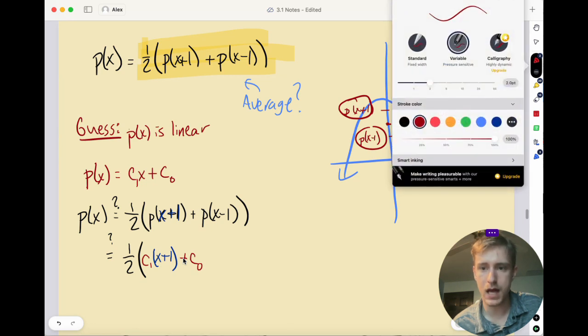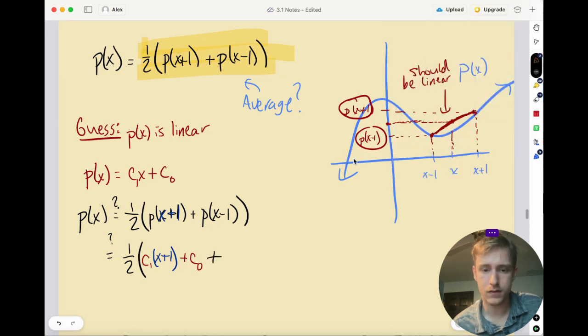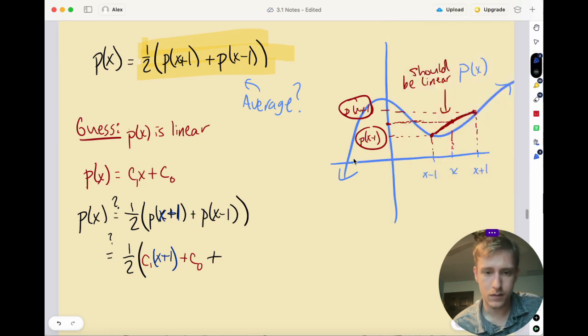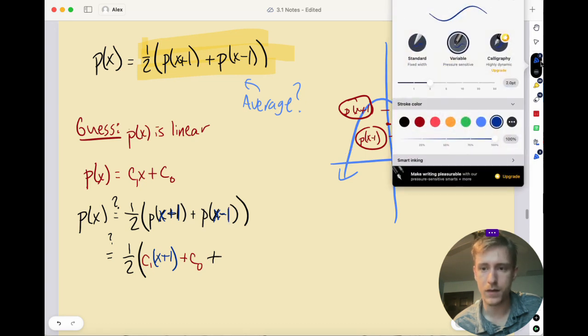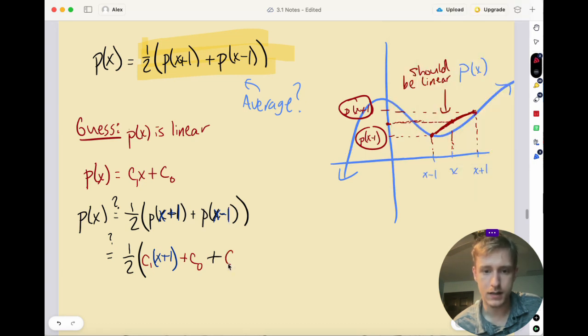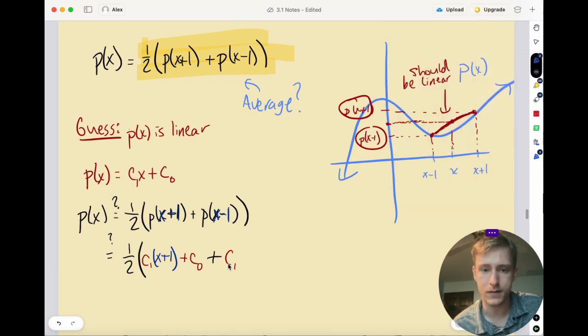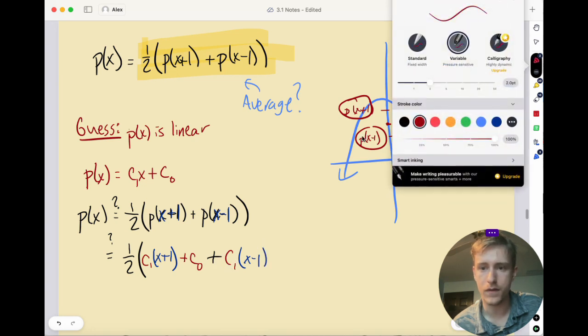Plus p of x minus 1, which, if I plug that in, should be c1 times x minus 1 in parentheses, plus c0.